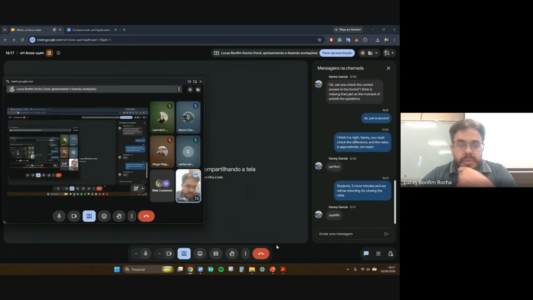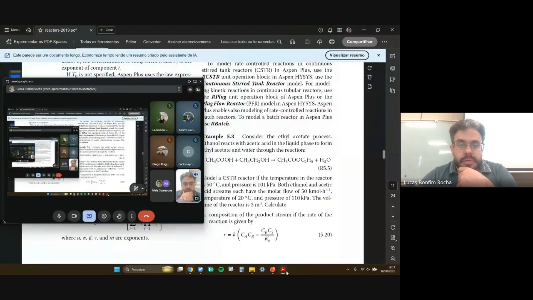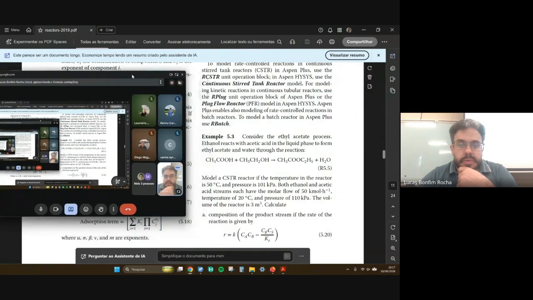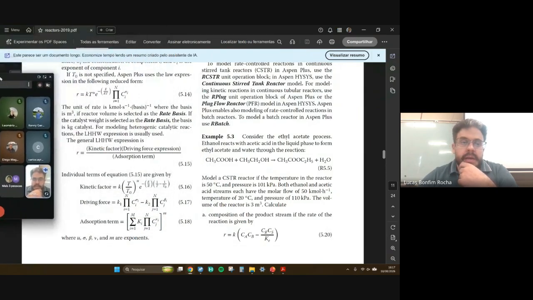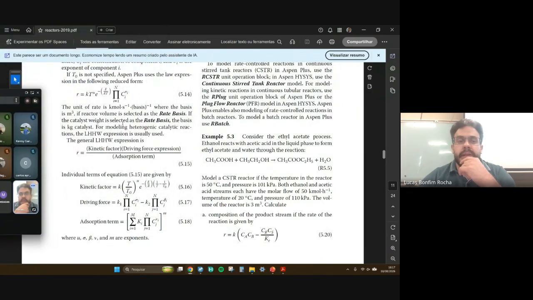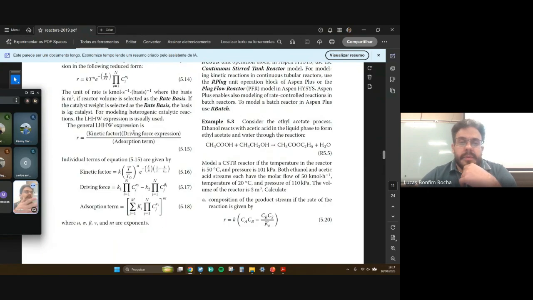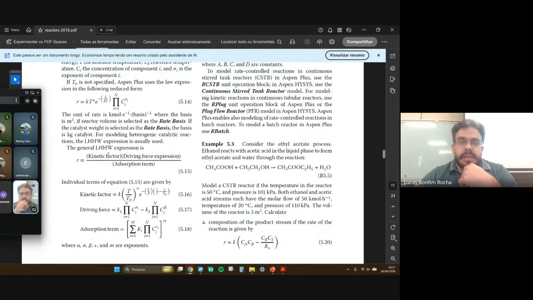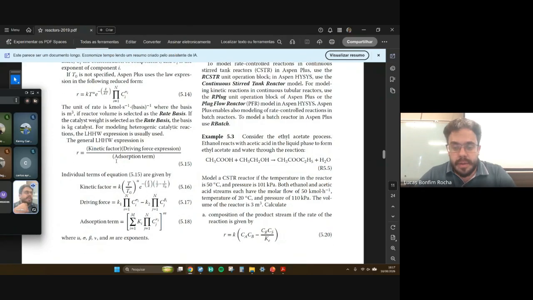Okay. Thank you. Another important thing that I would like to show you is that in example 6, I left as a challenge for you configuring the kinetics. I have already sent this file to you in our Telegram group.